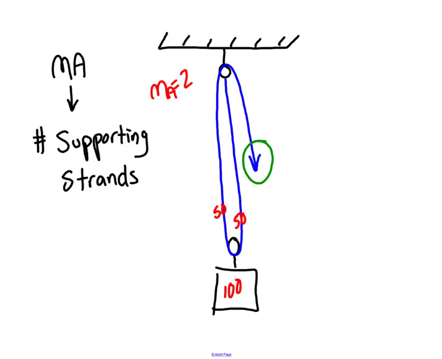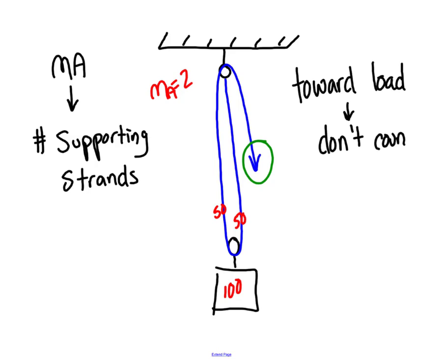But what I can tell you is if the arrow is going towards the load, you're not going to count it. Don't count it. So if it's going towards the load, you don't count it.